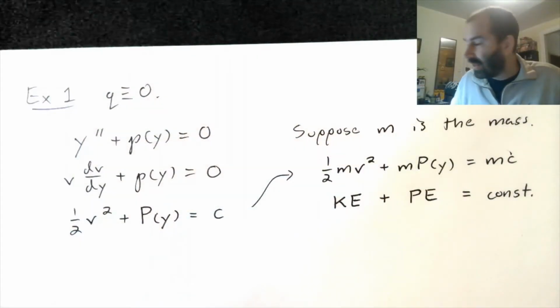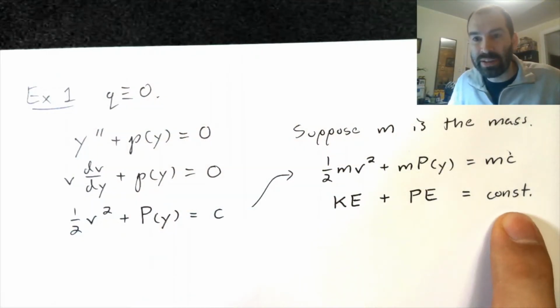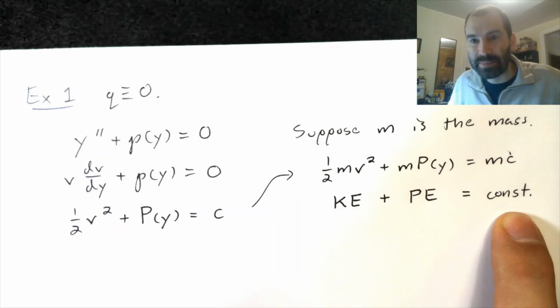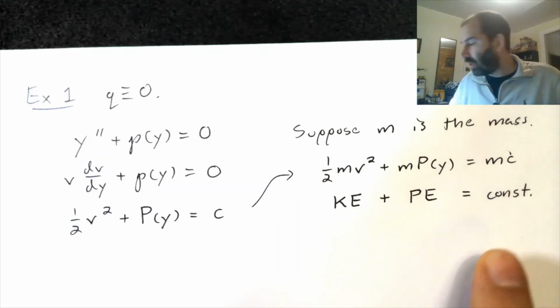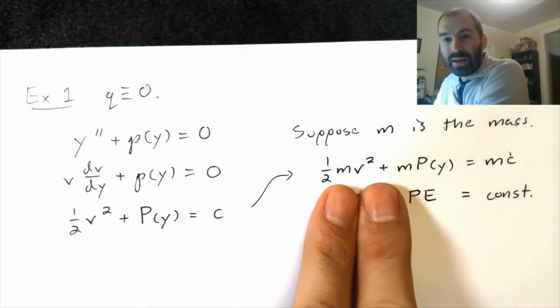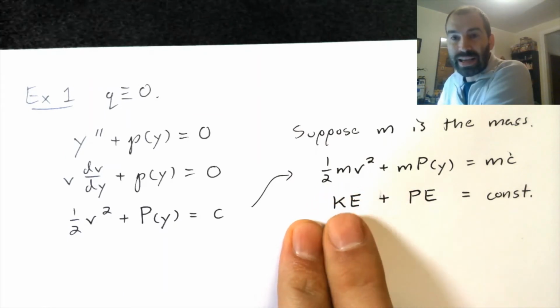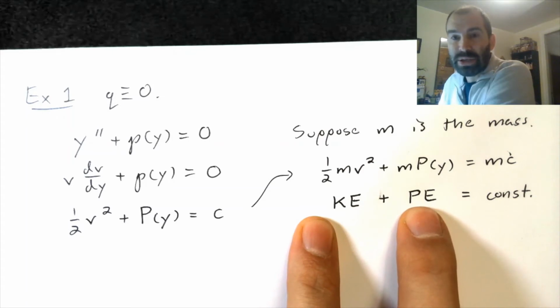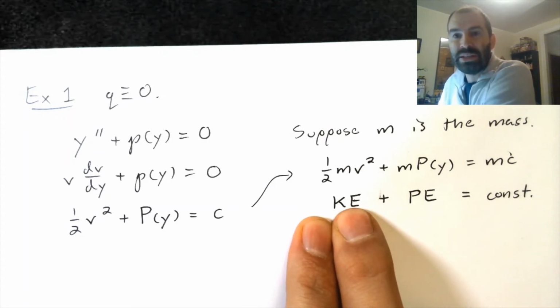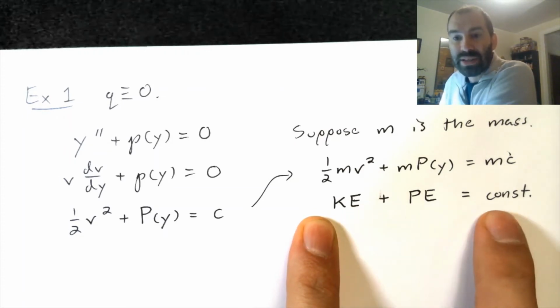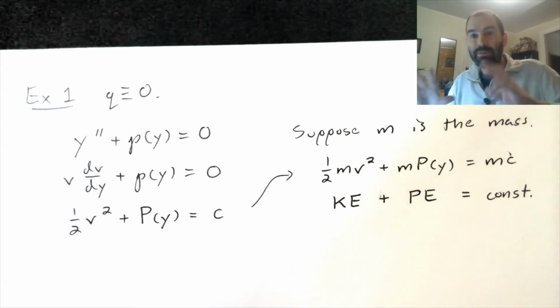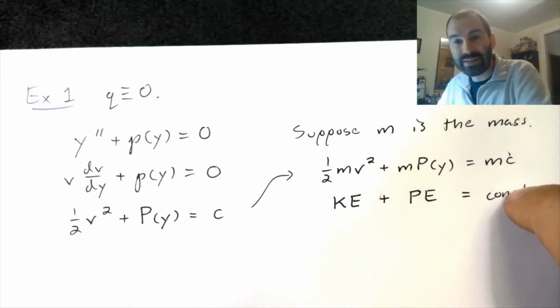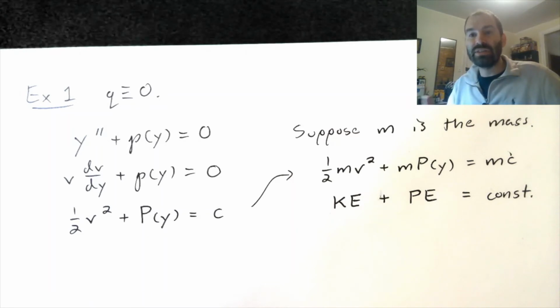And all the while, according to our equation here, the sum of those two things is staying a constant. So first, when I lifted up the pen, it's all potential energy. Kinetic energy is 0 because it's not moving. When I let go, the potential energy begins to decrease, the kinetic energy begins to increase, but at all times it equals a constant. And the fact that it's always equal to the same constant is saying that energy is conserved.